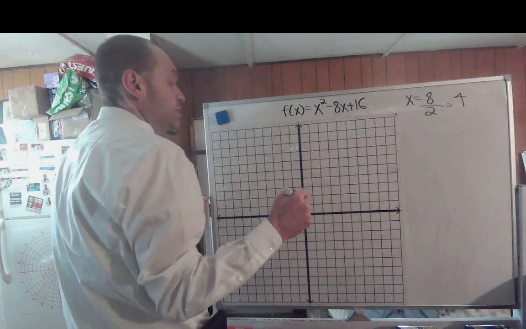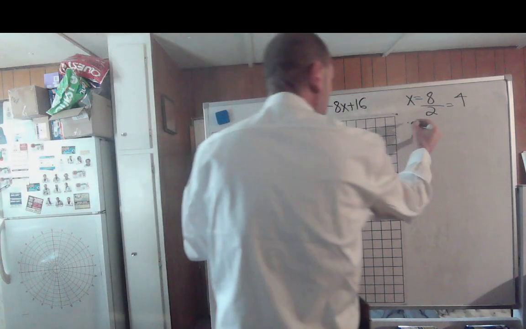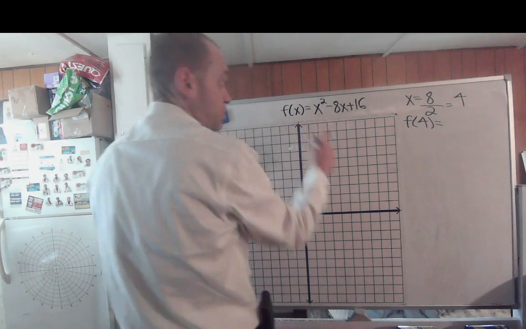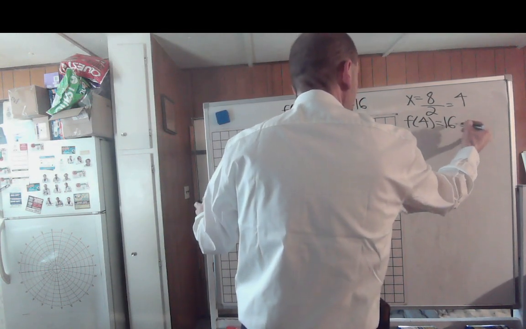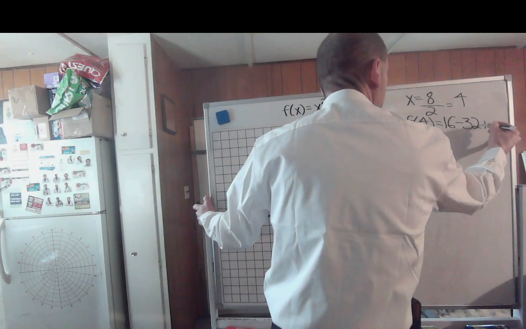So now, to find the y-coordinate of the vertex, put in that f of 4. What's that going to give you? 4 squared is 16, minus 8 times 4, which is 32, plus 16.